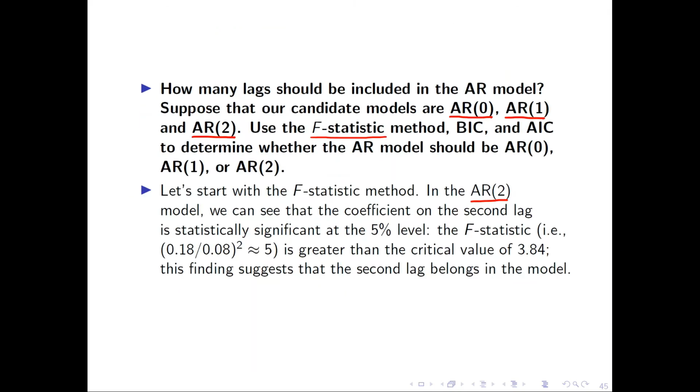And we get the F statistic, which is the square of the t statistic, and it's about 5, and it's greater than the critical value of 3.84, and this you find from the F table, and this means that we can reject the null hypothesis of the second lag being equal to 0.